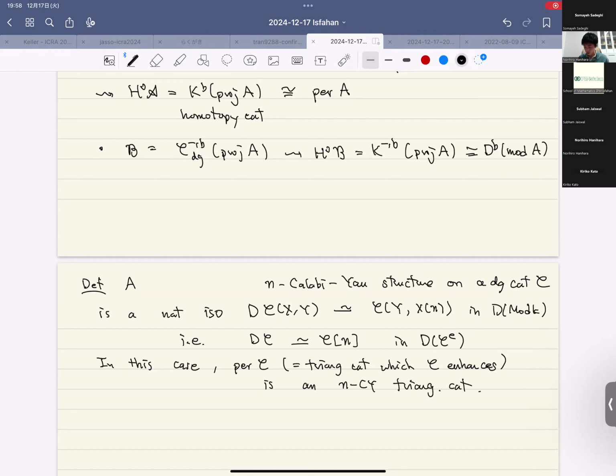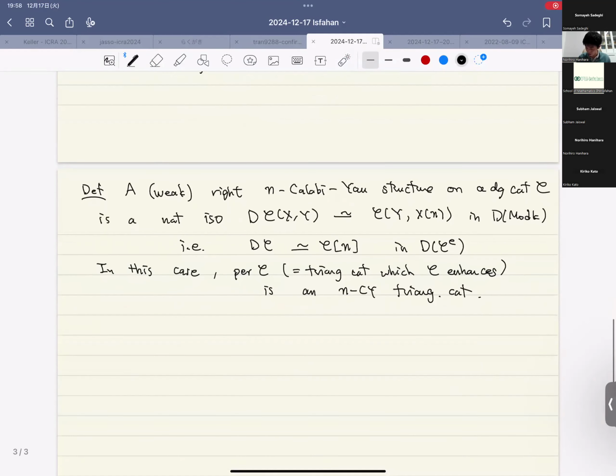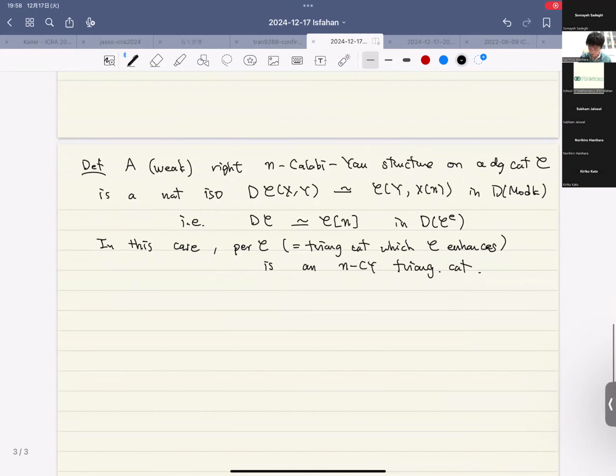Okay, so I will add some comments on this definition. It is precisely called the right Calabi-Yau structure, and more precisely, it is a weak right Calabi-Yau structure.